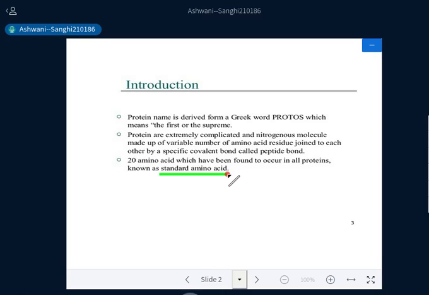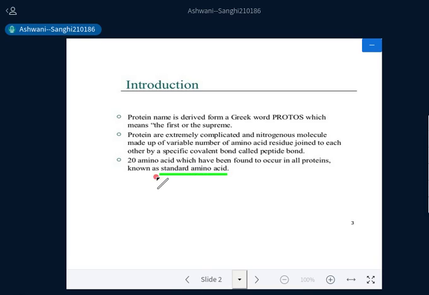In nature, there are more than 300 amino acids, but only 20 are known as standard amino acids because they are used in synthesis of proteins.